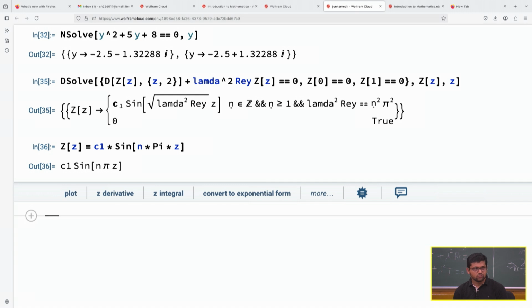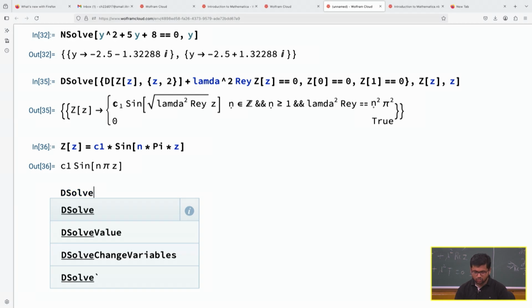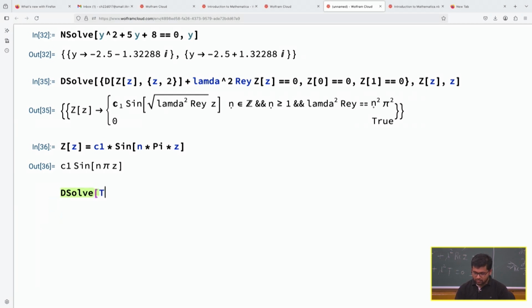Now we need to find T of t, which we will get from the second equation, equation number 3. Let us do the calculation in a similar way. We will write DSolve, and I will write T prime of t, comma t, equal to this, plus lambda square times T of t equal to 0.